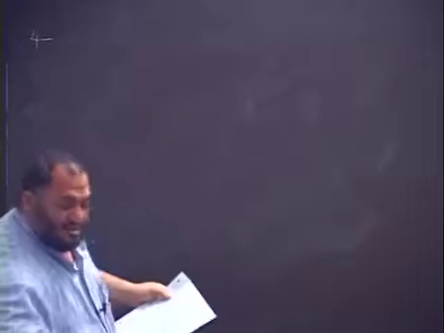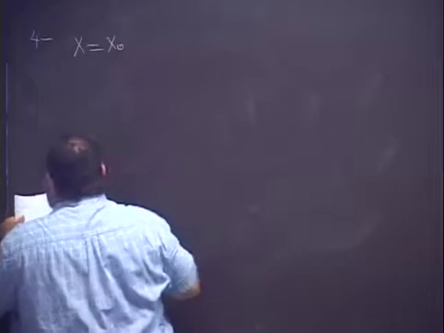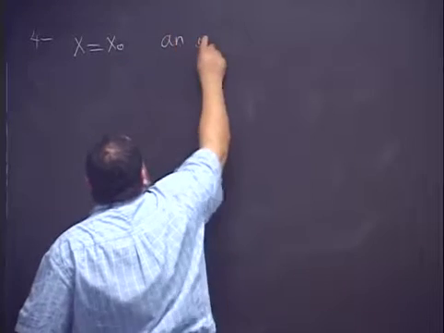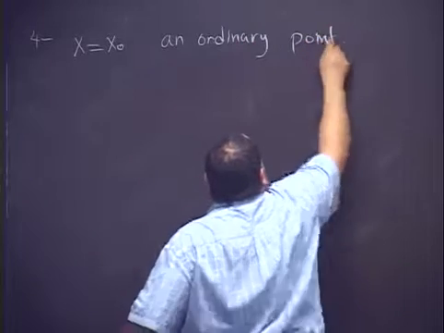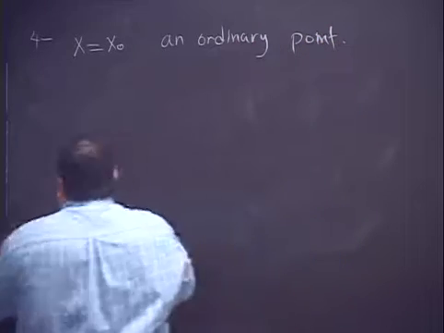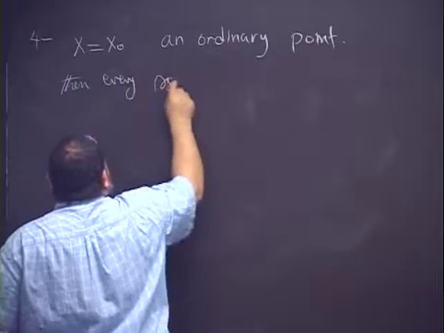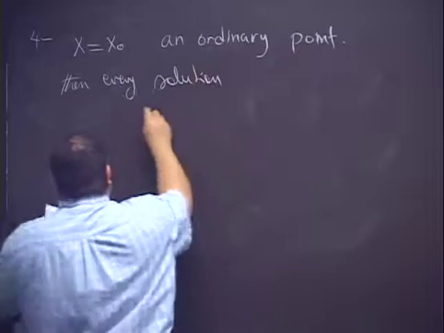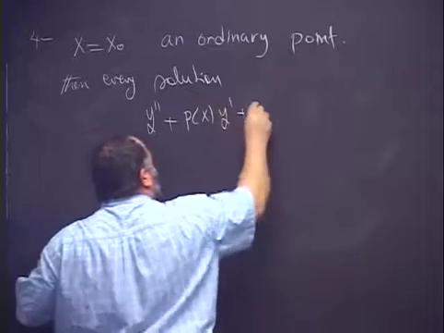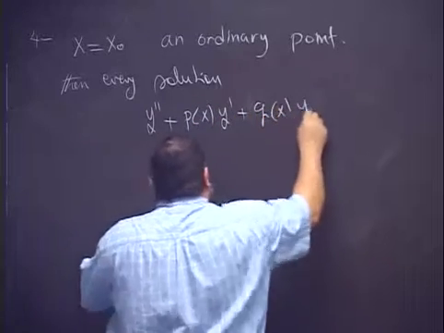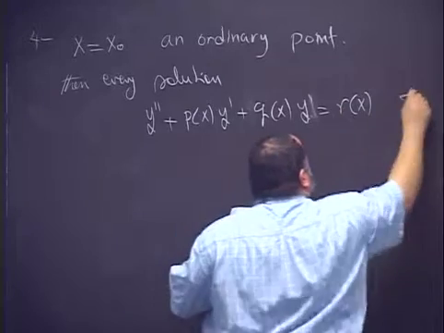So the theorem states that if x equal to x naught is an ordinary point, then every solution for the equation y double prime plus P of x y prime plus Q of x y equal to R of x, let's call this a star.